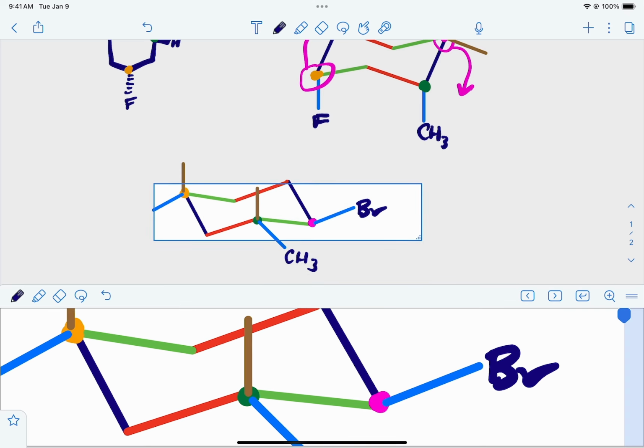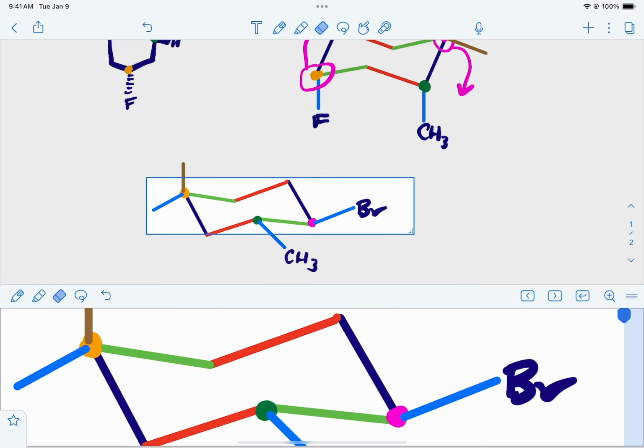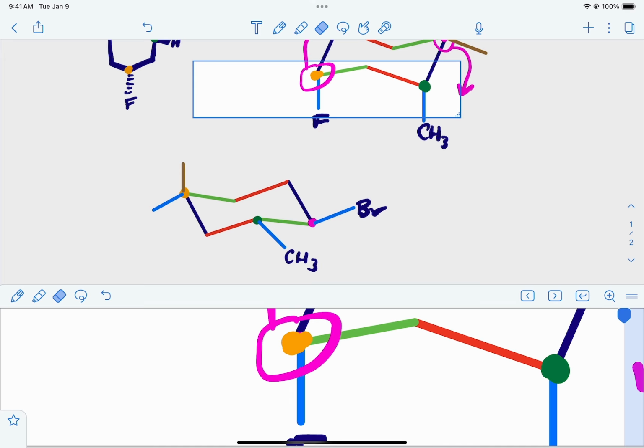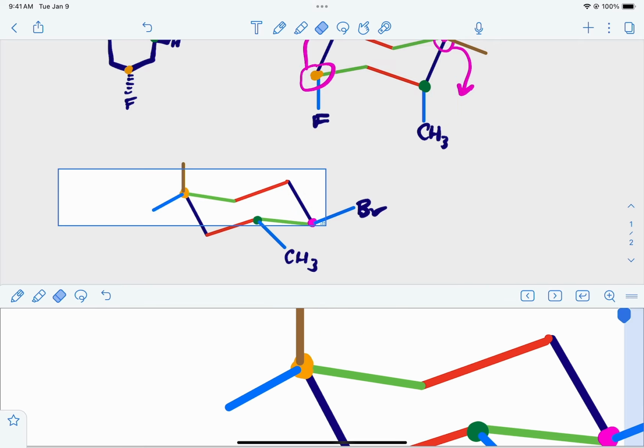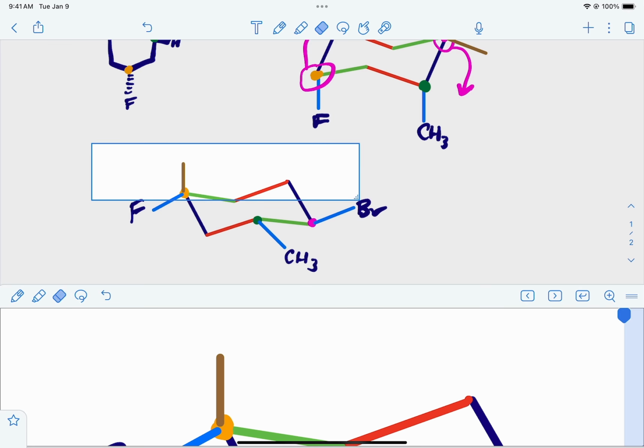Okay, and so I can erase the brown line. All right, and then our fluorine was down, and it was axial. Now, what's the down line? Now down is equatorial. So our fluorine is now equatorial. Okay, and so we can erase that.